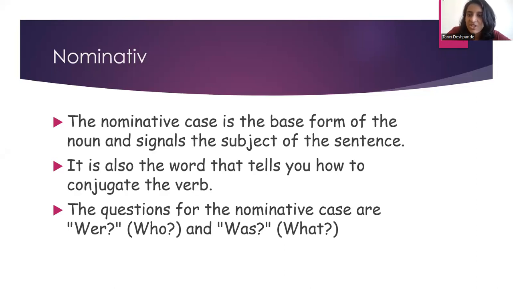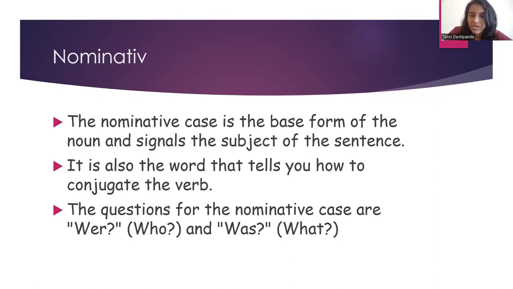I is the subject and singe is conjugated for ich. And the questions for the nominative case are wer, that is who in German, and was, that is what. So basically, if you ask the question who, who did it, the answer will be in the nominative case.